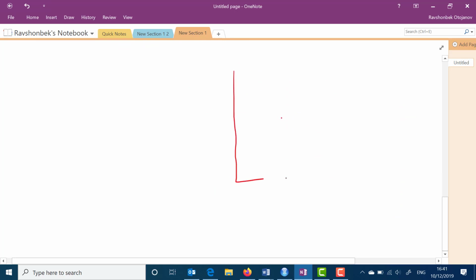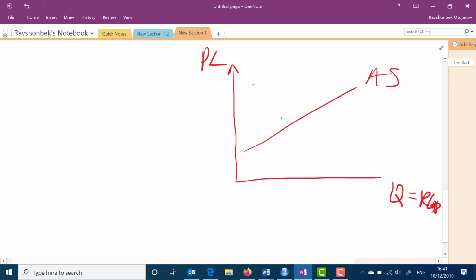What happens is that when the economy, this is the quantity RGDP, this is the price level, this is our aggregate supply, this is our aggregate demand. When there is an injection into the economy of 10 billion, aggregate demand shifts to this point.